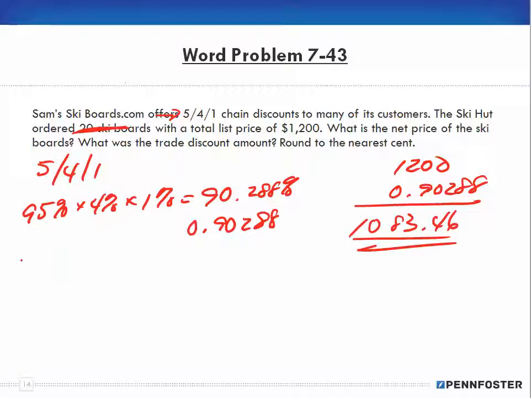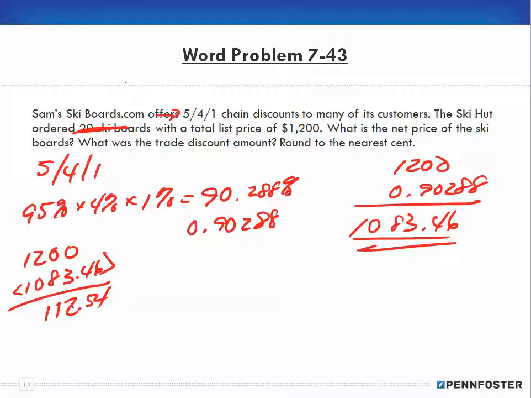I can do this one of 2 ways. I can take the $1,200 and subtract the $1,083.46 and come up with $116.54. Or I can take the complement to that percentage.